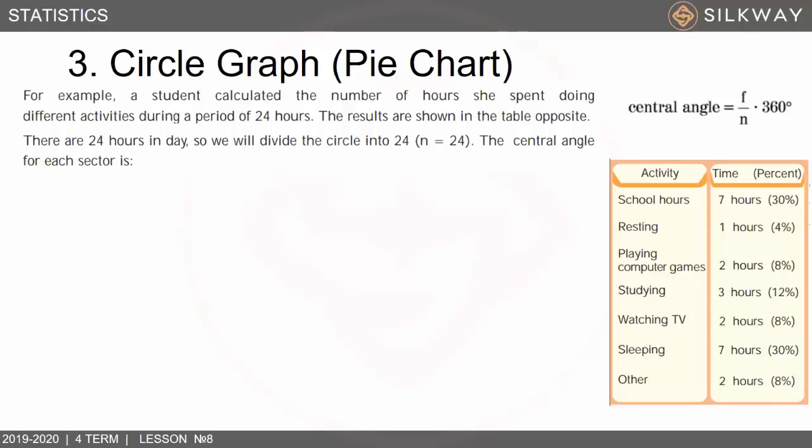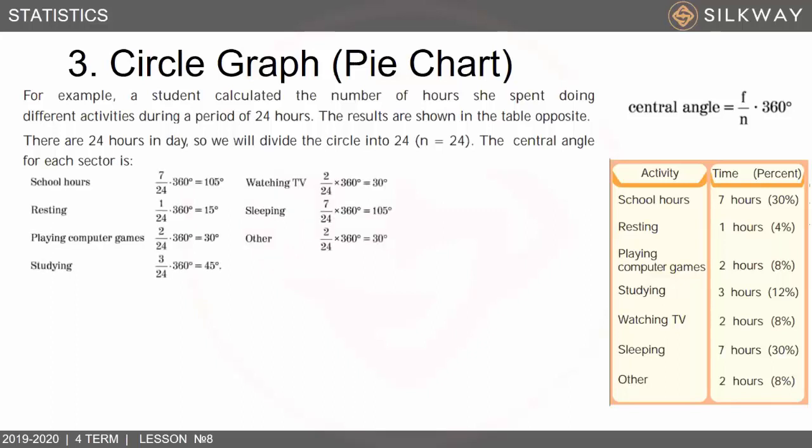The central angle for each sector is this one. We calculate each one by using a formula. Now we can use a protractor to graph each section and write its name and the corresponding percentage.